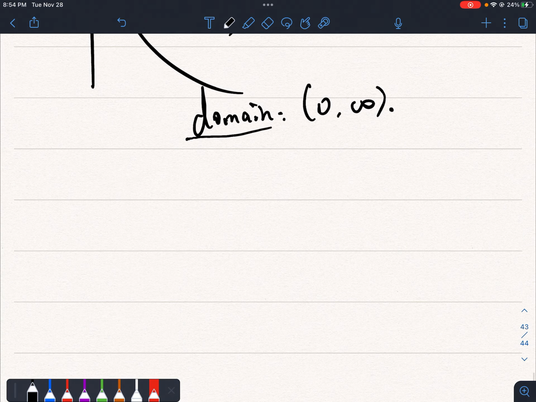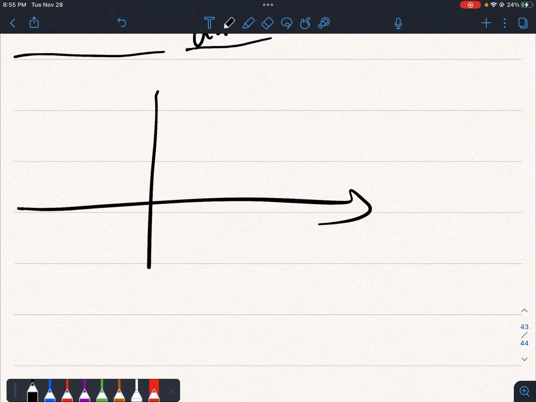And then we can look at the trigonometric functions. Maybe we'll talk about the inverse trigonometric functions later, but let's first talk about the trigonometric functions.